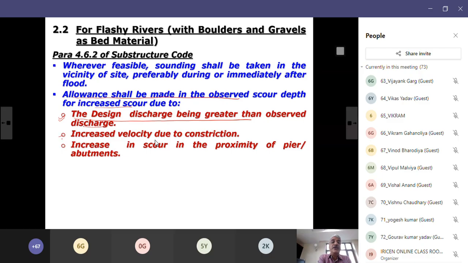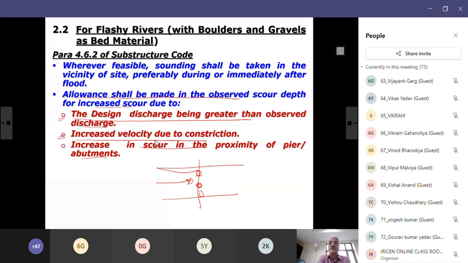Then there will be increased velocity due to constriction. Today you are taking cover depth when the river is obstruction free. When your bridge gets constructed, there will be the effect of obstruction, for which you were applying 0.25 and so on previously. So that effect also needs some allowance, and then the increase in scour in proximity of piers and abutments.